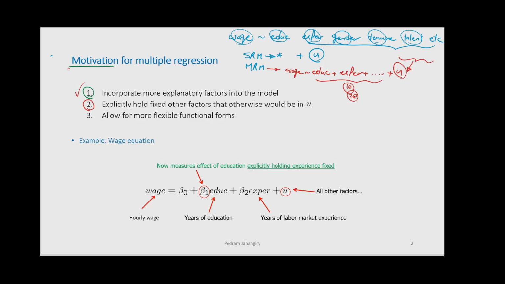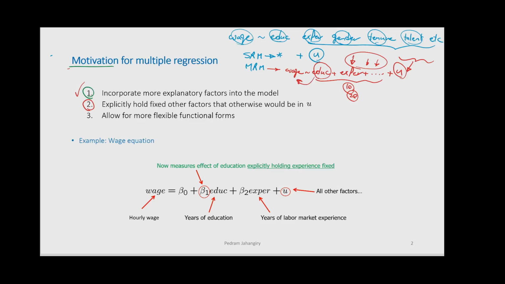We said that we have to be able to hold everything else constant. Then let's say that what is the pure effect of, let's say, education on wage. So in simple regression model, we just assume that, implicitly. In multiple regression model, however, we can explicitly assume that. I can hold experience, gender, tenure, and etc. everything else constant explicitly, and then see what is the pure effect of education on wage.